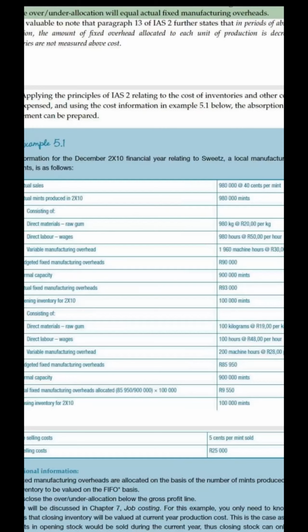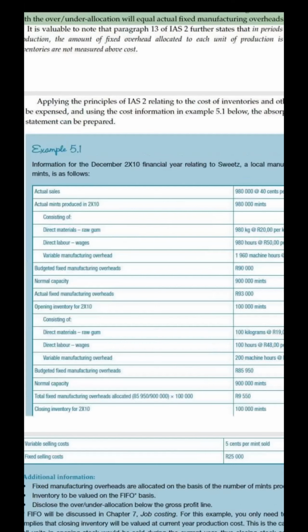They could give it to you in words like that, or put it down in a table format the way they did it here. So the method is the same: what we did on top, at the bottom it will be 980 times 50. That gives us the total cost of those 980,000 means. If you want per unit, then you divide by 980,000. This usually gets clearer the more questions we tackle that are similar to this.